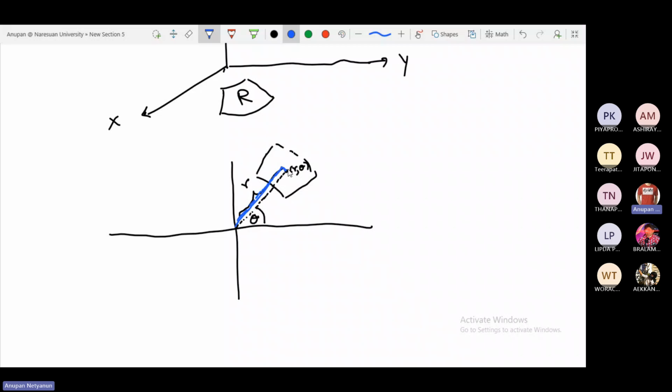Then I'm going to form this side, in the same direction as this line. So this is going to look like a rectangle. Now, how can we compute this area?